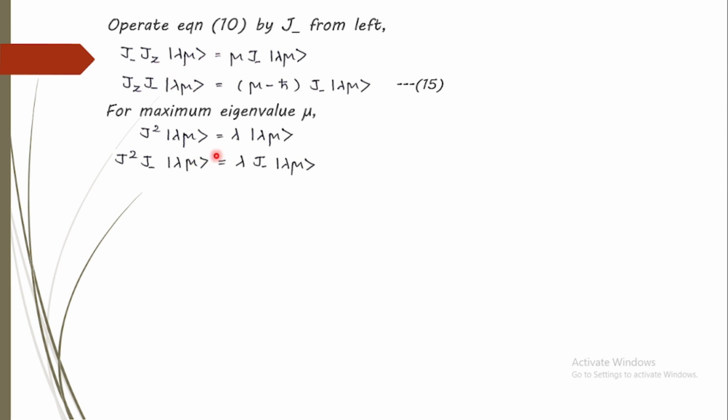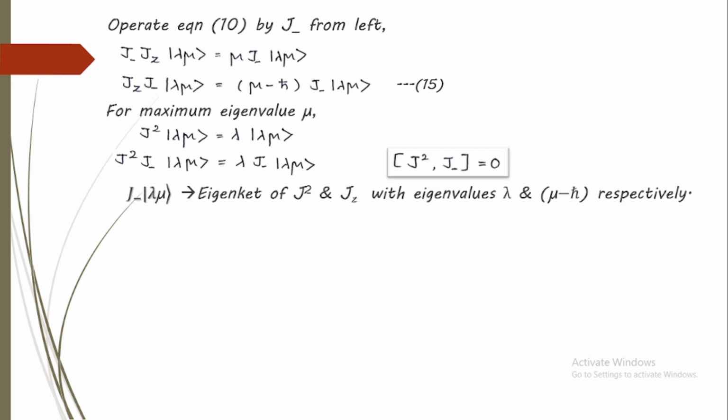So here the eigenvalue is not going to change, but for the component of angular momentum, that is jz, the eigenvalue is going to change from mu to mu minus h cross. Thus we say that j minus ket lambda mu is an eigenket of j square as well as jz, but the eigenvalue for j square is lambda, whereas for jz it is mu minus h cross.